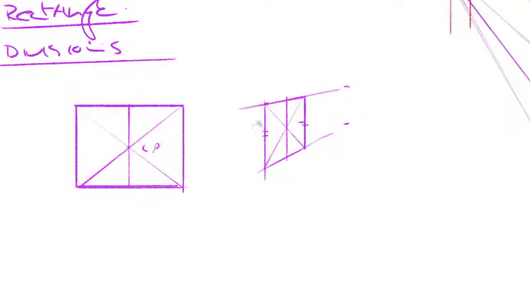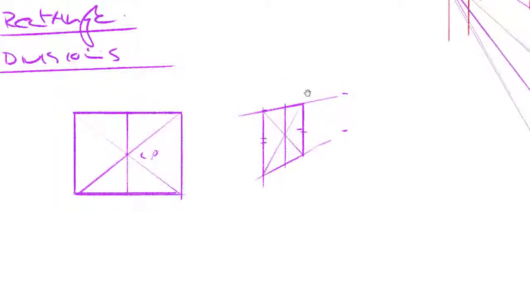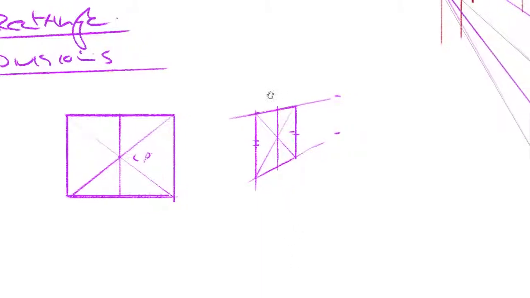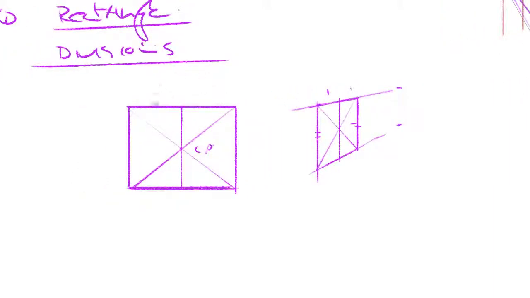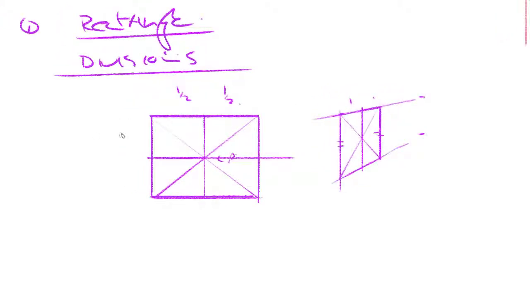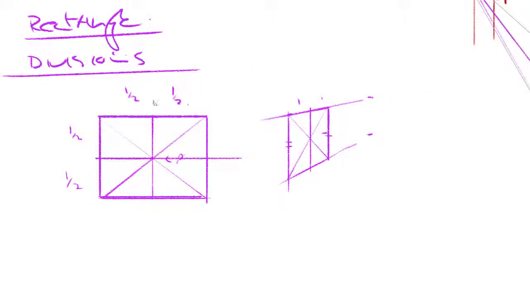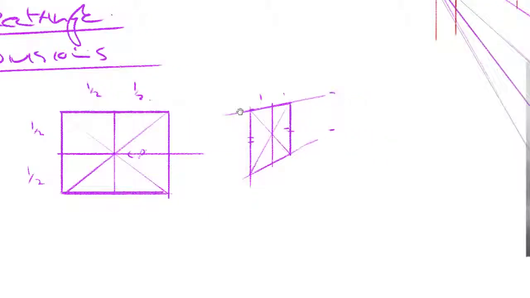If this was a 3-point perspective, then I would have done something else, because it would need to converge to a point then. And now what I've done is I divided this rectangle in half. So this is half and this is half. Now if I draw a line through horizontally, I divide the rectangle in half again.